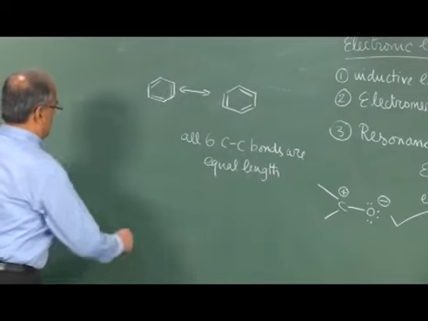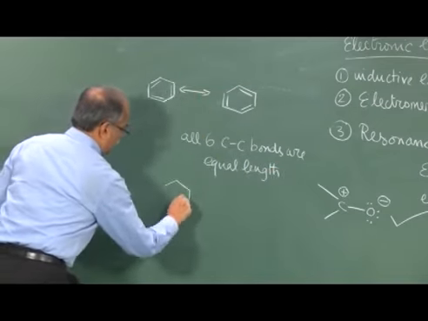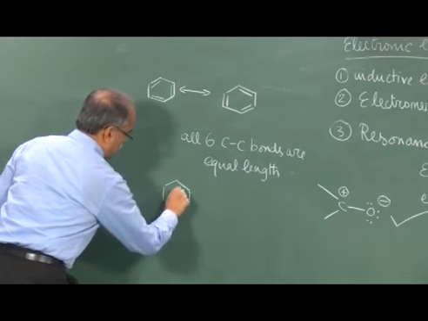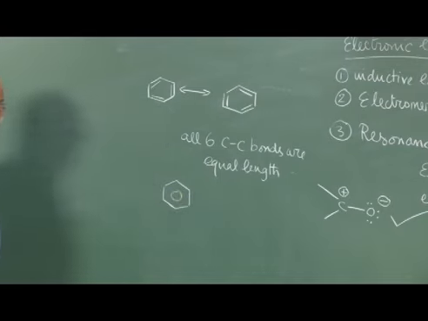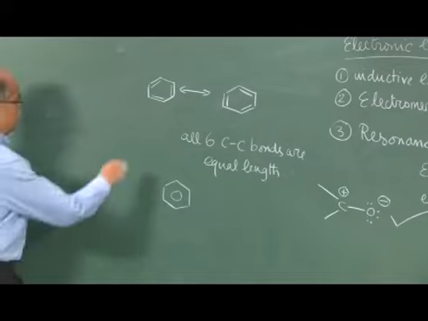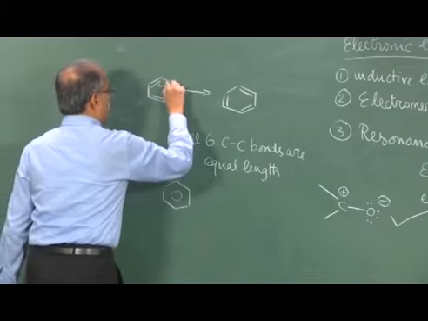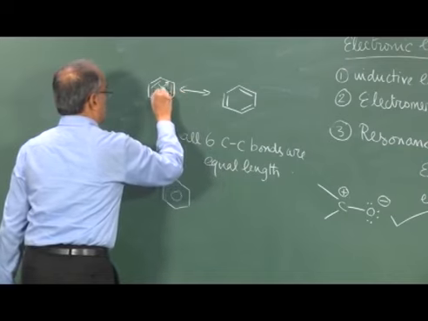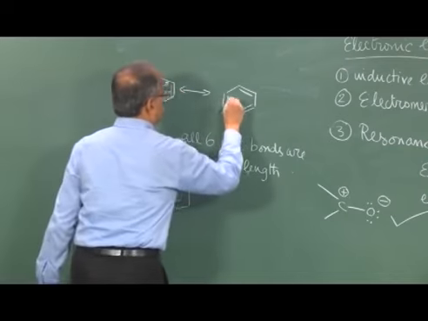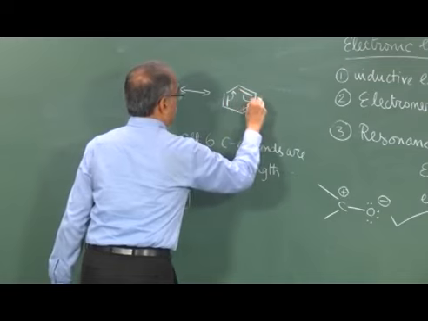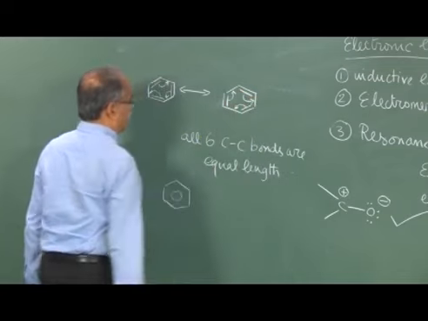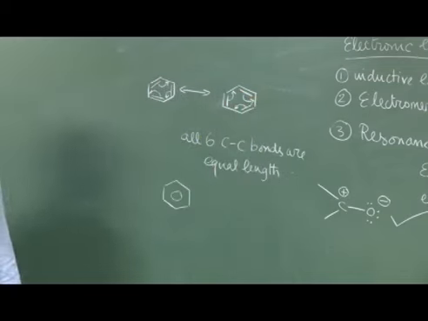That is the reason the benzene structure is best represented by a circle around the 6 carbons, indicating that this is a completely delocalized system. How do you delocalize it? By pushing the pi bonds around the ring system like this. Remember, we are touching only the pi bonds and not the sigma bonds in this structure.